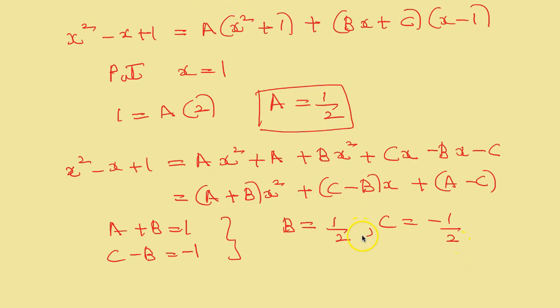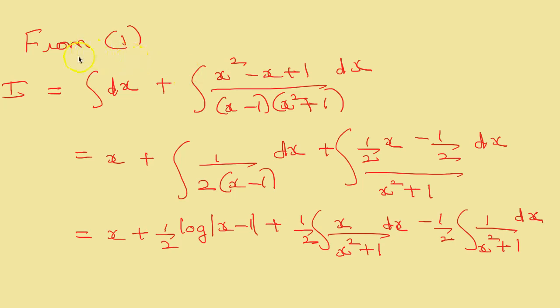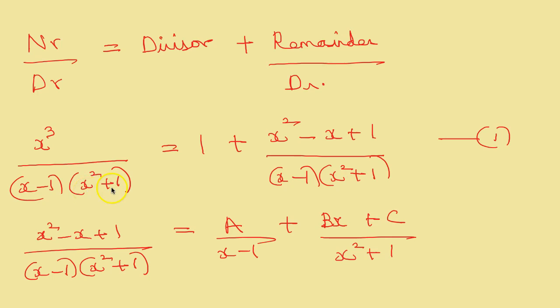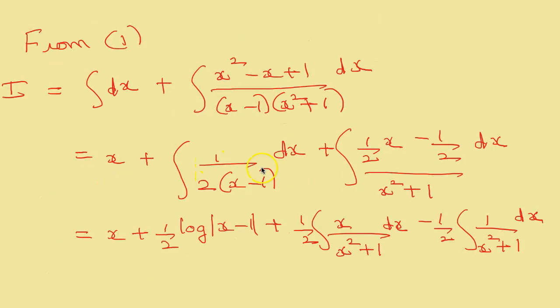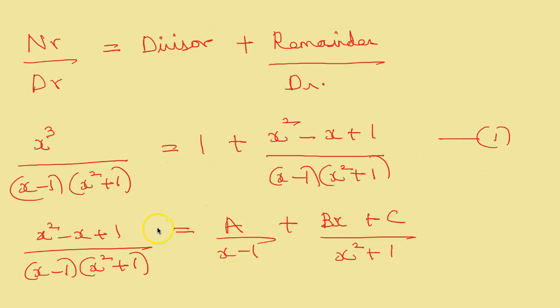So substituting here, I get I will be integral dx plus integral 1 by 2 into x minus 1 dx plus bx plus c, 1 by 2x minus half by x squared plus 1 dx. That I repeat once more, we go back to this expression.